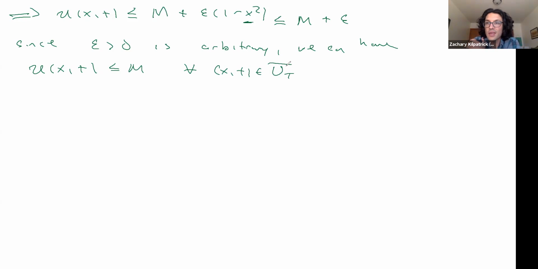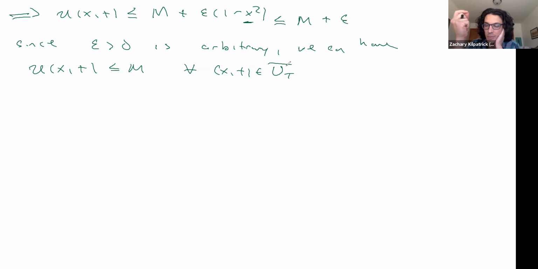So the interesting thing here is that we actually got a strong maximum principle for v, because we had a strict enforcement that the upper bound on v had to exclusively be on the boundary.